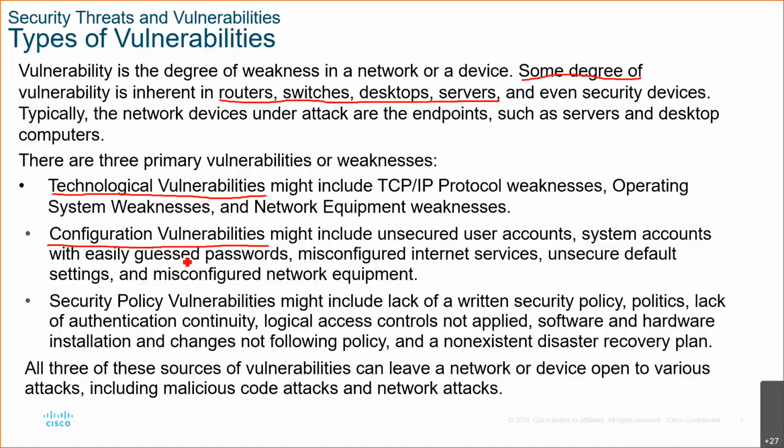And the third primary vulnerability is security policy vulnerabilities. If you don't have a proper security policy, you have to ensure that one is enforced on your network. If you have a Linux system or a Windows system, as an administrator, for anyone accessing the server in your enterprise, you have to ensure that perhaps they don't have permission to install software on the computer.